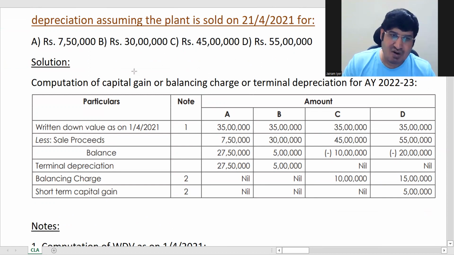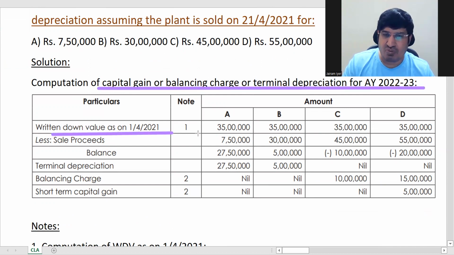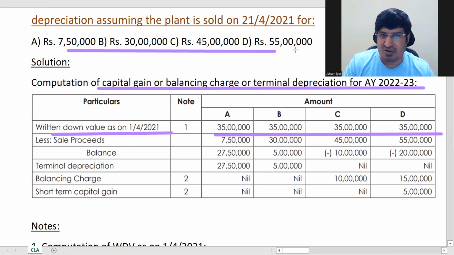Now computation of capital gain or balancing charge or terminal depreciation. Here we start with the WDV on 1/4/2021, which we have just computed, 35 lakhs. And these are the sale proceeds which are given to us in different cases.